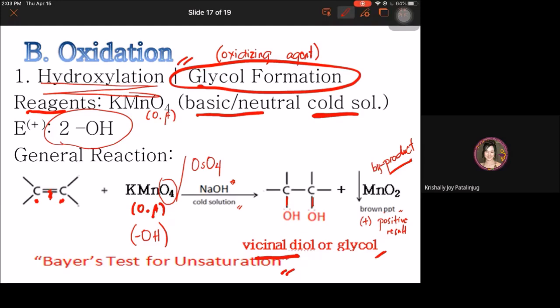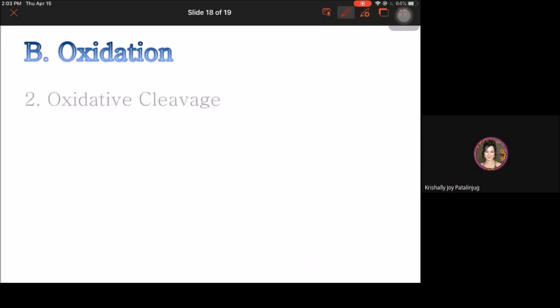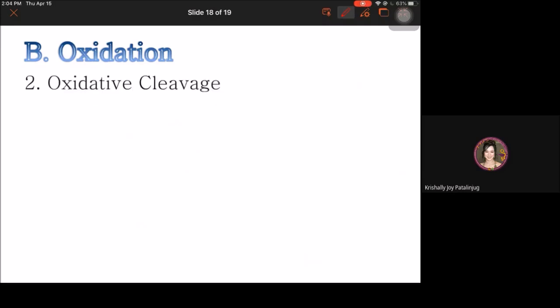So that is all about hydroxylation. And this would be the last reaction under alkenes for oxidation: oxidative cleavage. This is actually the exact opposite of hydroxylation, because in hydroxylation you need potassium permanganate in a basic environment and cold solution.